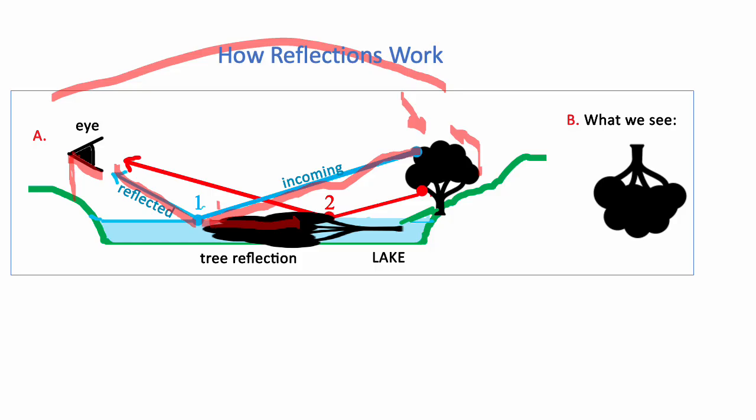So that defines the top of the reflection. Now the middle part of the tree hits the lake sooner, and then it goes to our eye. So what the eye sees is an upside down version of the tree.